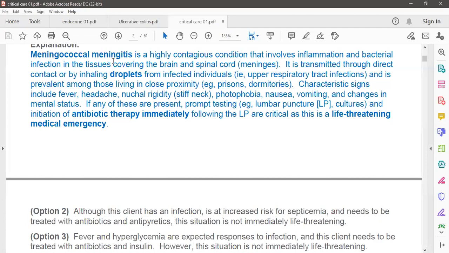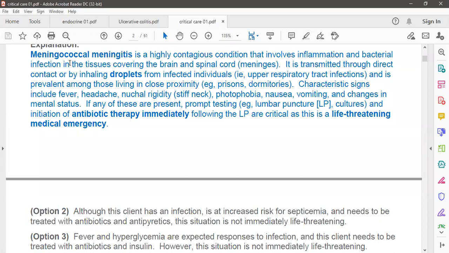The major signs I want to share first are nuchal rigidity, tachycardia, headache, nausea and vomiting. And I said this requires contact precautions and droplet precautions, right?